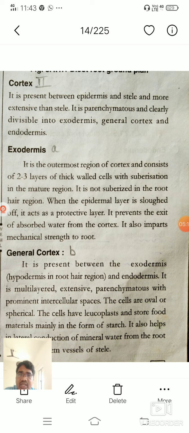The second region in the TS of the dicot root is the cortex. It is present between the epidermis and stele and is more extensive than the stele. This is the most important point.